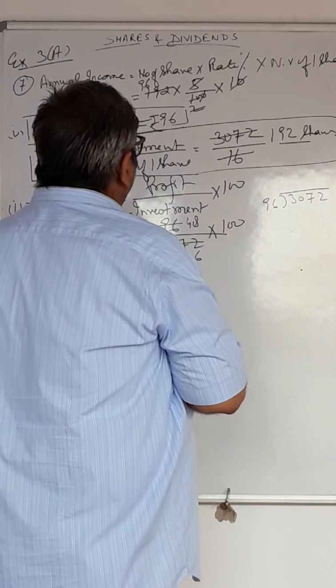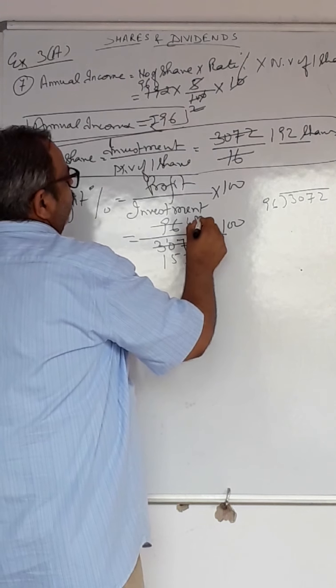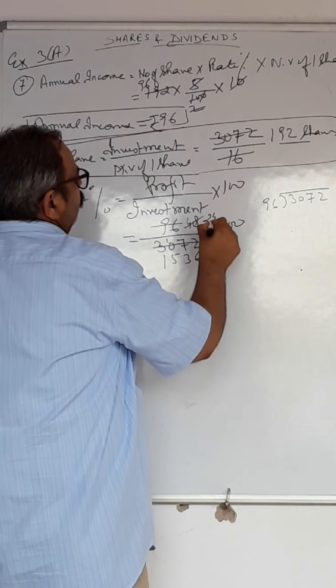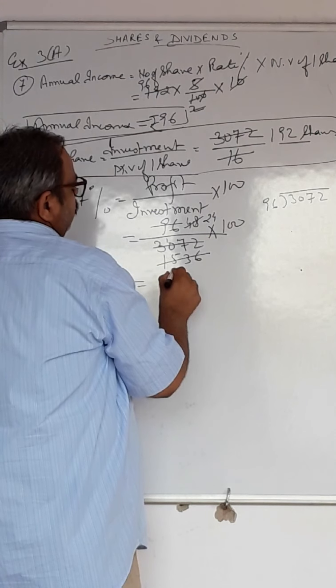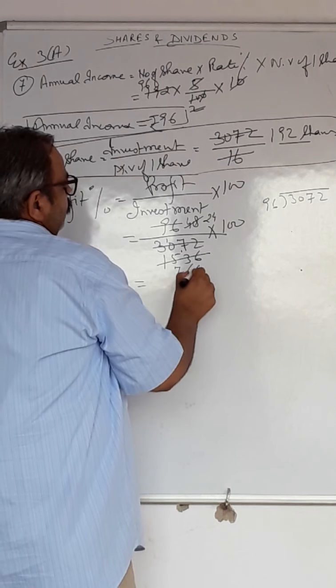Now 24, 2 7s are 14, 2 6s are 12, 2 8s are 16.